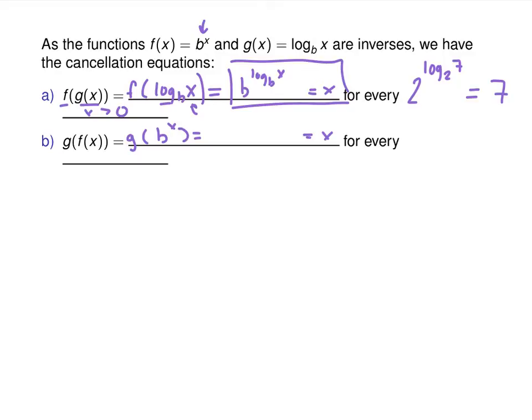And if you put that b to the x inside the log, you get log base b of b to the x. If I wrote, for example, log base 2 of 2 to the 7th, what's that got to equal? 7. And is there any funniness here? Is there any number you can't plug into an exponential? No, so in that case, it's for all x, as in all real numbers are okay in that direction.